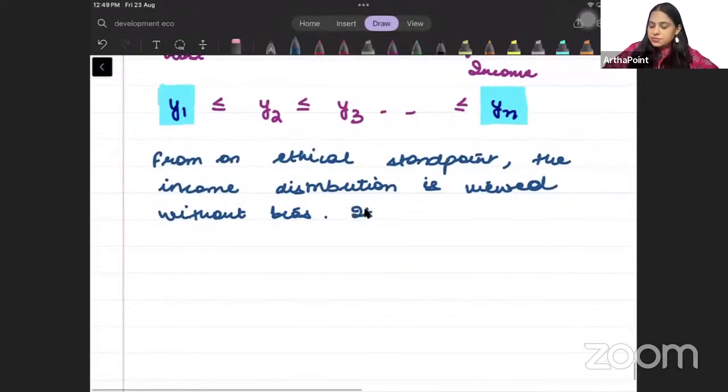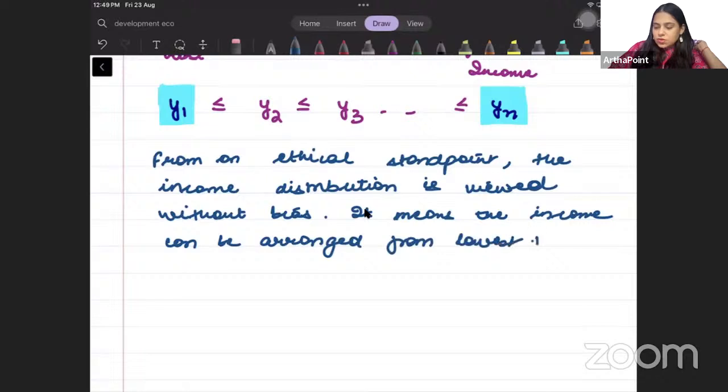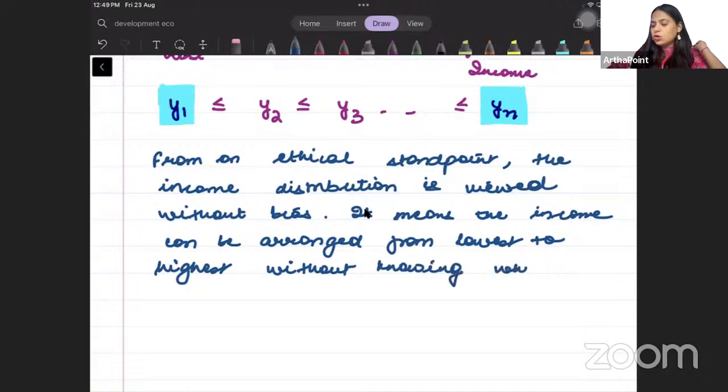It means the income can be arranged from lowest to highest without knowing who earns what.